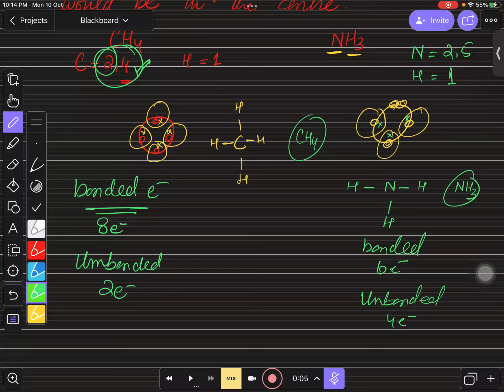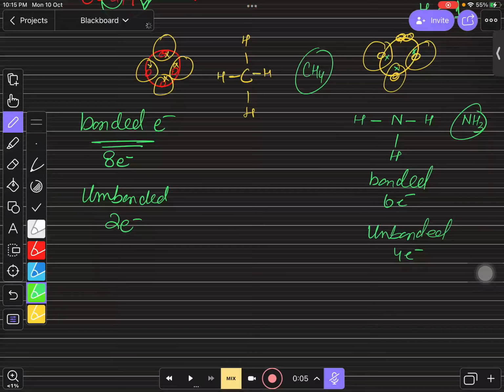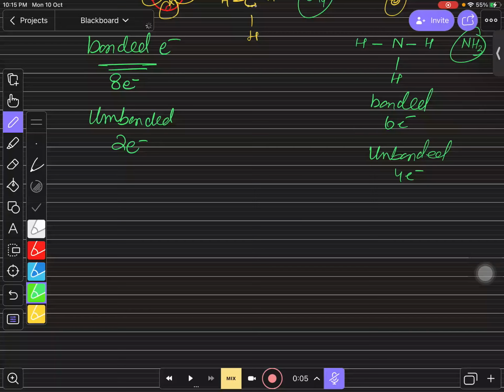So I think you guys can draw some structures. What do you say if I give you some examples, so you all can draw them? Yes, sir. Okay, so let's try some questions. I call this a skill test for you.